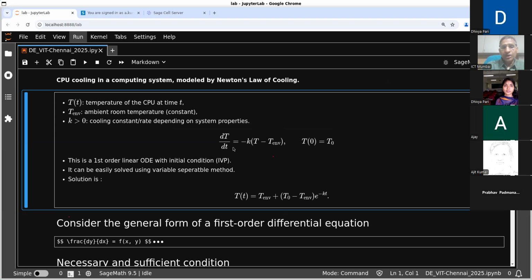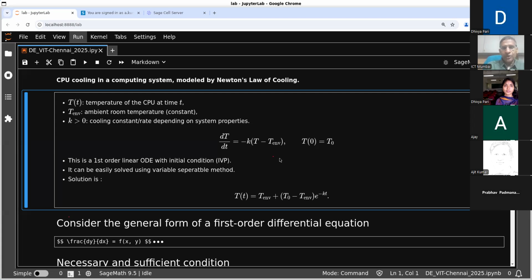So one can very easily model this as dT/dt = K times (T minus T environment). I'm sure you must have seen this. And T at 0 is T0. So this is a first order linear ODE with an initial condition, where T0 is the starting temperature of the CPU, right?